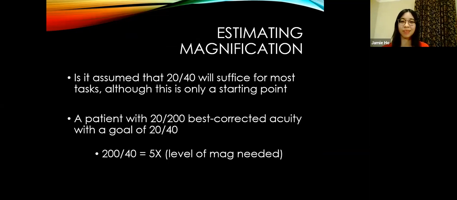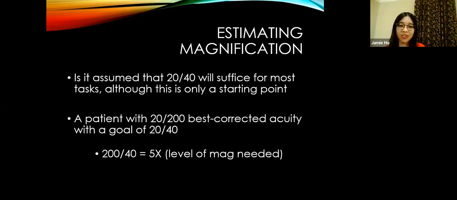So how do we estimate magnification? Kestenbaum's rule, a long time ago, some of you might remember. Let's say 20/40 would be sufficient for most tasks. If my patient has 20/200, and we measured functional acuity, maybe not necessarily through a Snellen chart, and we have a goal to get them to 20/40, you basically just divide the numbers, and we estimate approximately 5 times.